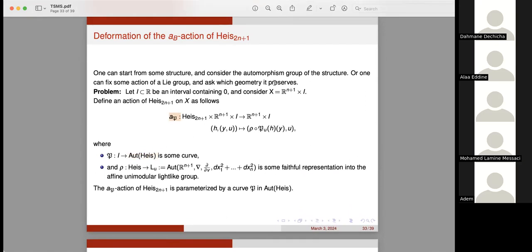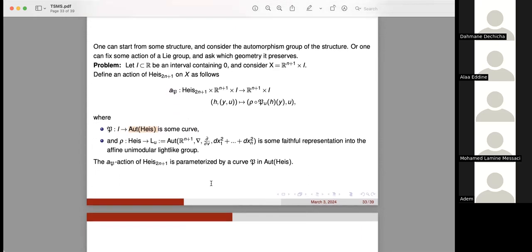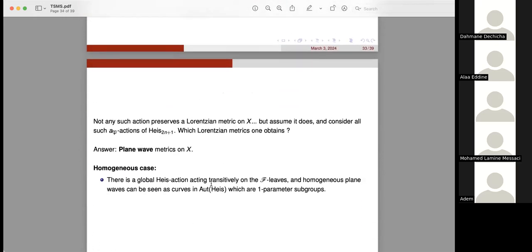And the homogeneous plane waves correspond exactly to the case where this curve is a one-parameter group in the automorphism group of Heis. And here I get the subgroup G0 I wrote before, which is R semi-direct Heis, the isometry group of a homogeneous simply connected plane wave.